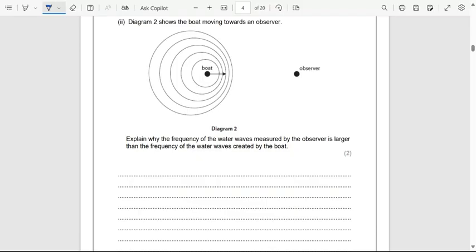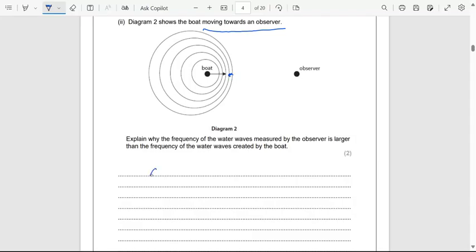Okay, this shows a boat moving towards an observer, right? So what are we seeing here? It's something called the Doppler effect. Okay, and let's try and unpack that in a bit more detail. You notice that when the boat's moving towards the observer, you can see that the wave fronts here, they're close together, right?